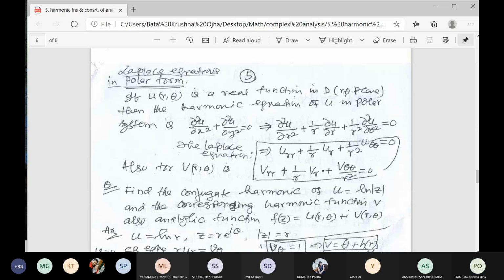622, Karan Das, present or absent? 629 Satyaprakash. Present, sir.